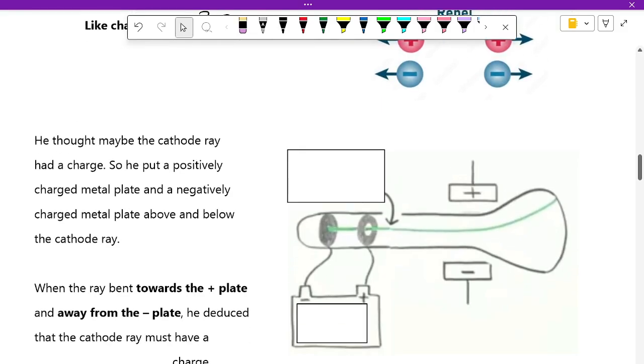He thought maybe the cathode ray has a charge. So he put a positively charged metal plate here, and a negative metal plate down here.